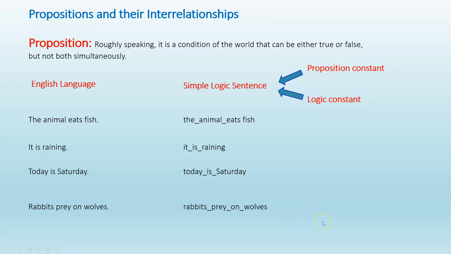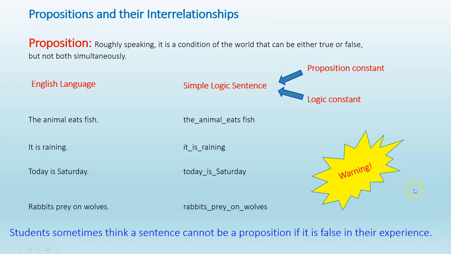All right. A warning here, though, kind of a big one, is students think that if a sentence is false in their experience, then it can't be a proposition. So saying rabbits prey on wolves, in their minds they're thinking, that's not true, which means to them that can't be a proposition. But remember, propositions can be true or false.